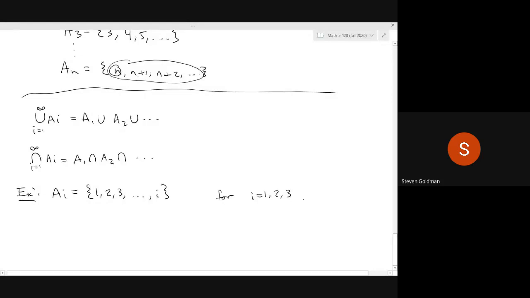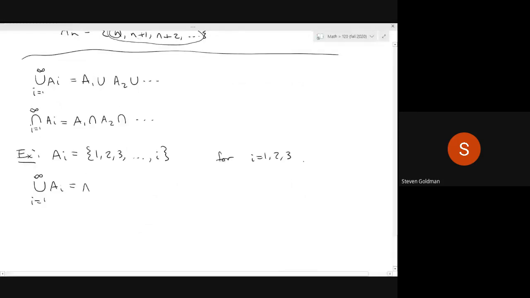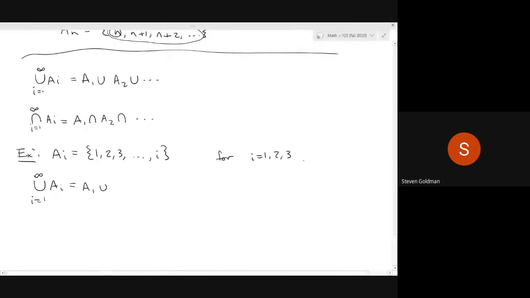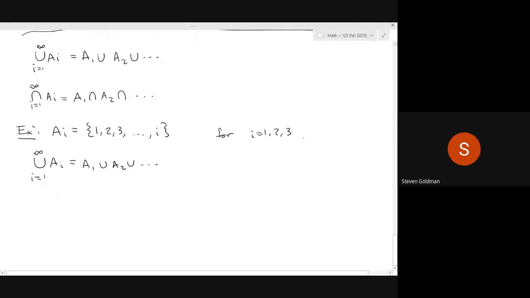So now let's look at the union from I equals 1 to infinity of A sub I. What would this set be? Before we do that, let's actually write out what this would be: A1 union A2 union, dot, dot, dot. So that would continue forever.